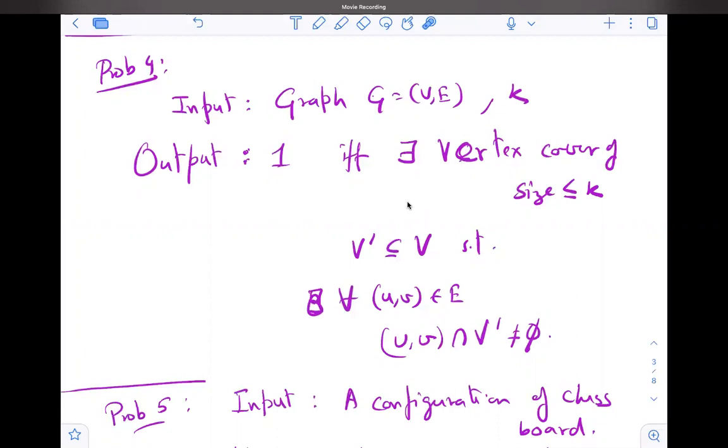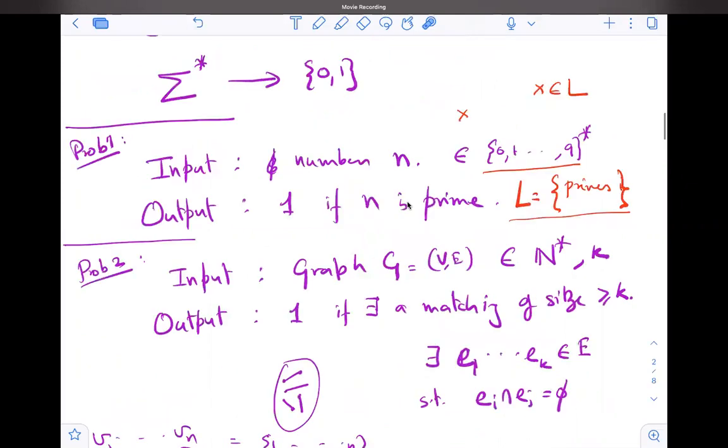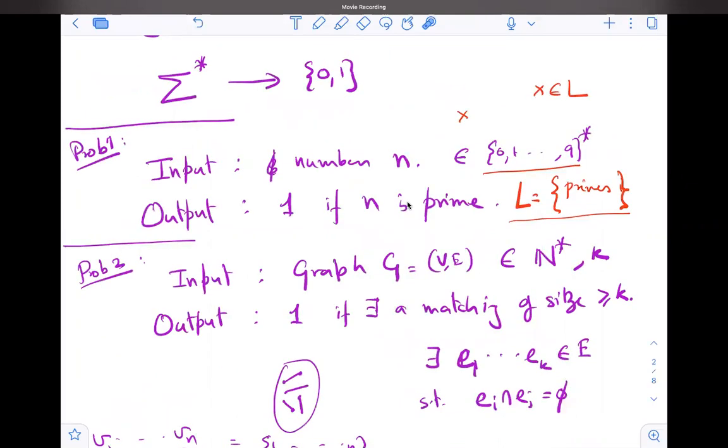So in problem 1, is it the number of factors of that number? Your friend is trying to convince you that a number is prime. How will you convince? The number of factors of that number. If it is 2, then we are done.